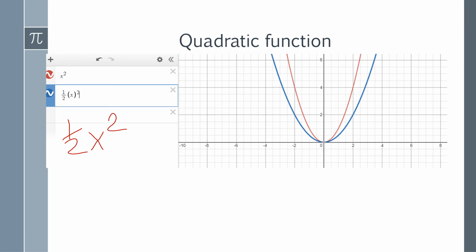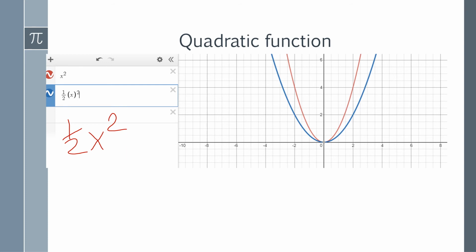I want you to describe that transformation. And you should say, oh, it's vertically compressed. Compressed means smush, condense on the y-axis.